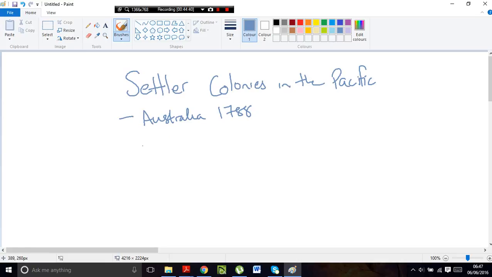By the 1830s, voluntary migrants outnumbered the convicts, and the discovery of gold in 1851 brought a surge in migration to Australia.